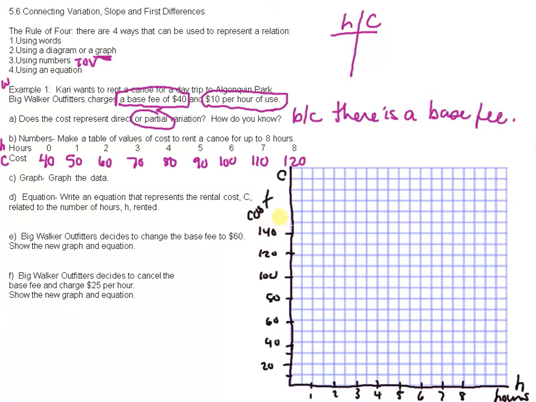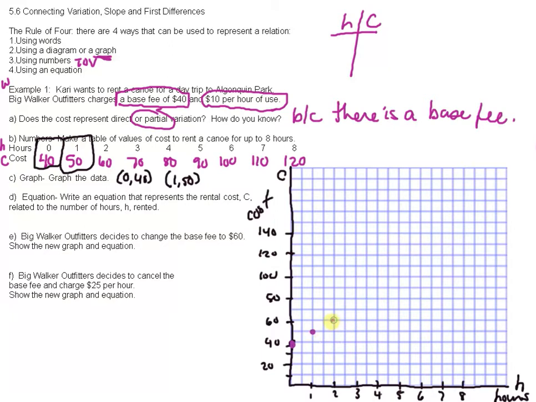Okay, so when we're taking a look at this horizontal table of values, we have 0, 40. That's how you would write this point here. And the next one would be 1, 50. So that's how you would write the coordinates. I'm going to color coordinate this, so we're going to do this one in purple because we've been writing in purple so far. Let's start at 40. And then after 1 hour, it goes up to 50.